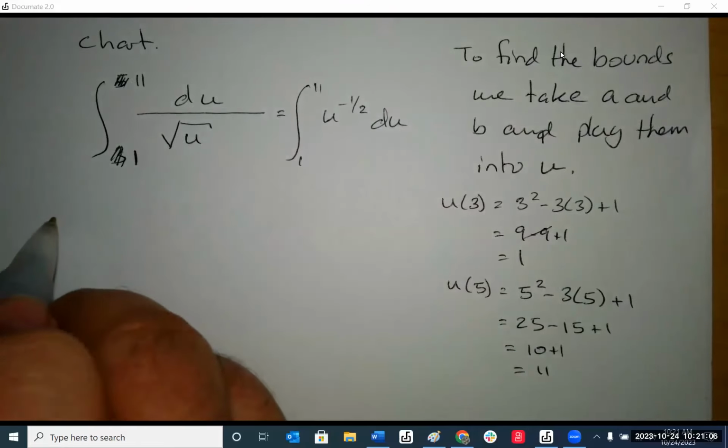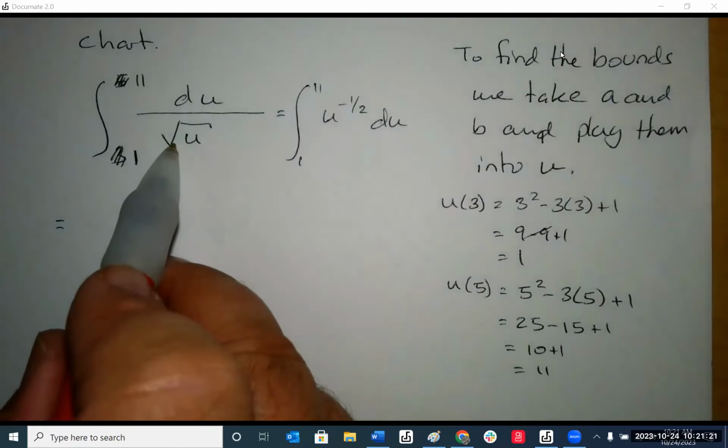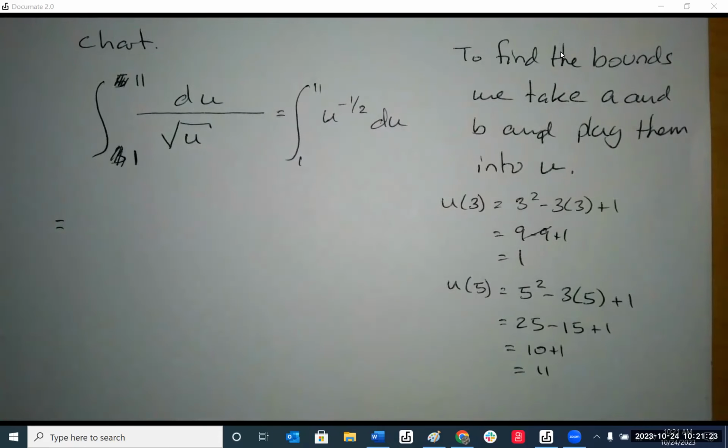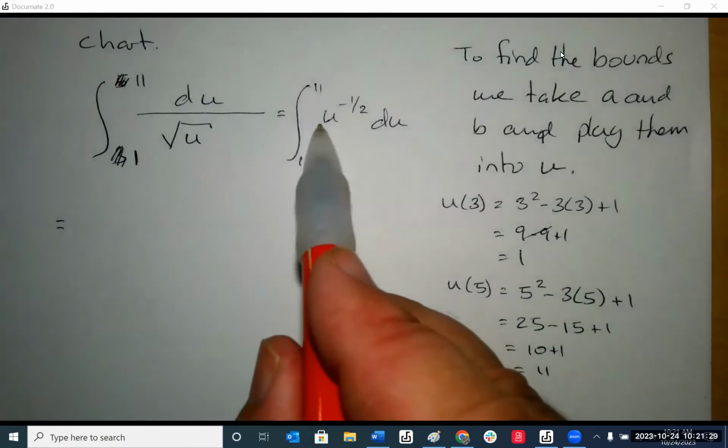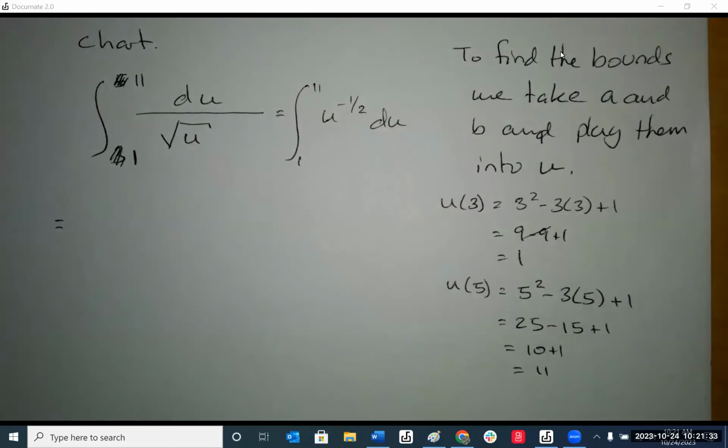What's going to be here? No, because it's a radical. If it was du over u, it'd be great, but this is du over the square root of u. So what's the integral of this function here? How do you take the integral?